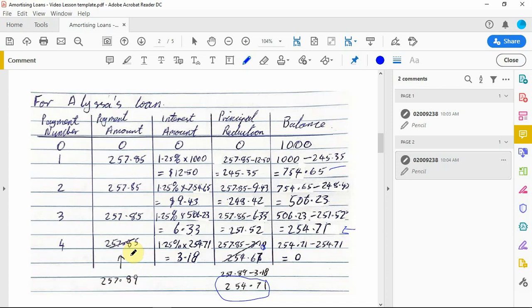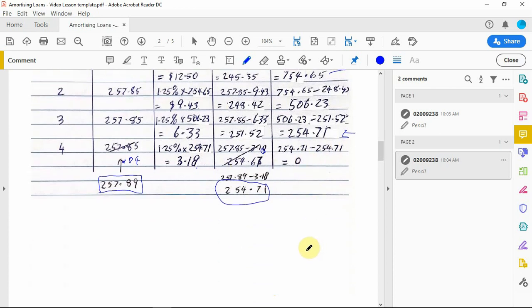So instead of making our last payment of 257.85, we're going to add 4 cents to that, and say 257.89. So 257.89 minus our 318 is our 254.71, and so then we end up with a balance after that of 0 rather than owing 4 cents.